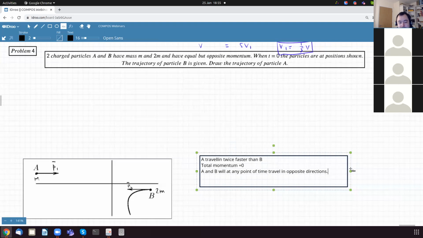Well, to answer this question, we can use the extreme case scenario. Considering extreme case scenarios is incredibly useful. The extreme case scenario would be that they collide head-on.